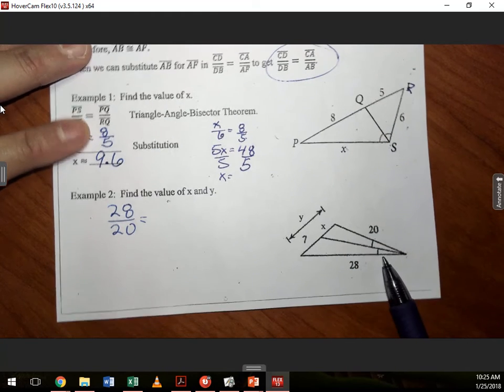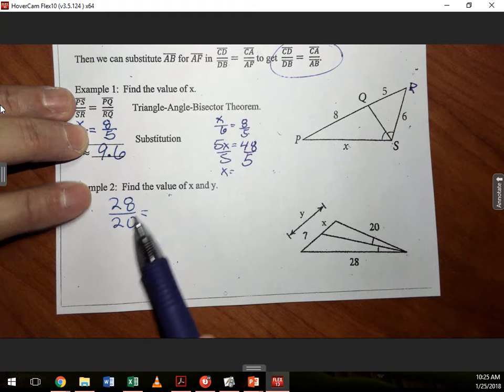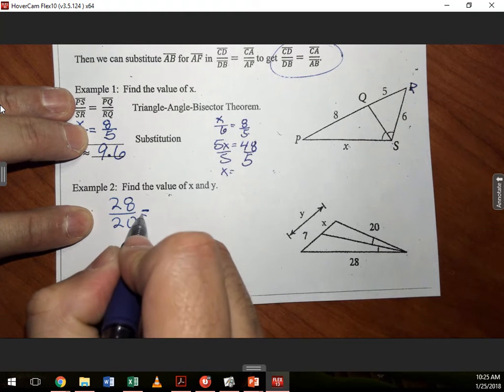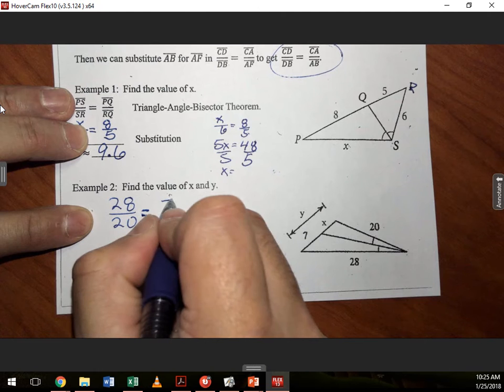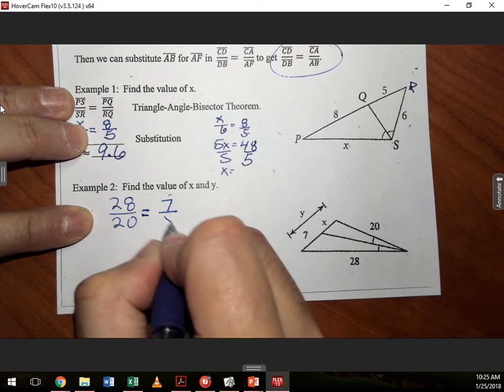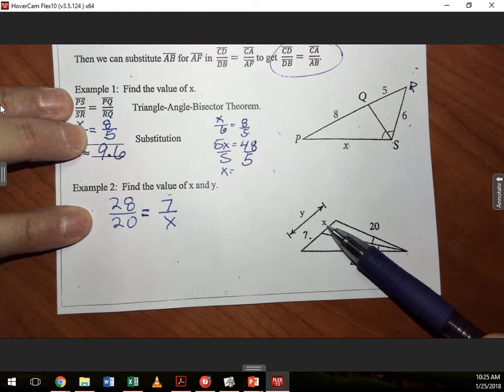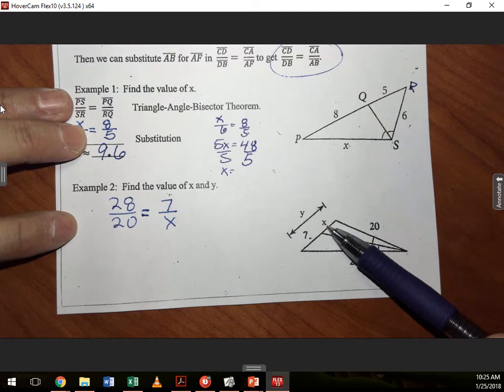Now let's do the same thing over here. If I have 28 over 20, what goes on top of my second side? 7, very good, over X. 7 over X. Make sense?